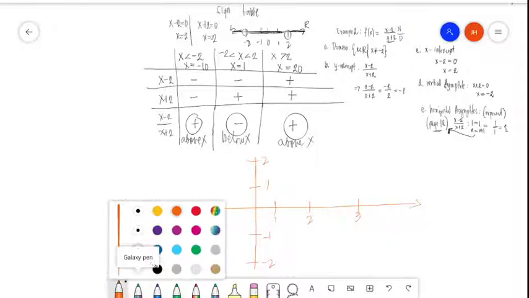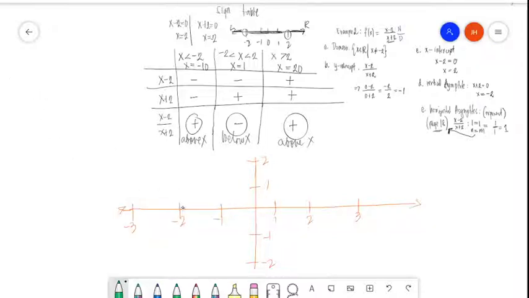I'm going to use green for the asymptotes. Let's start with the asymptotes. The vertical asymptote is negative 2, a vertical standing line. So negative 2 here. This is our vertical asymptote.